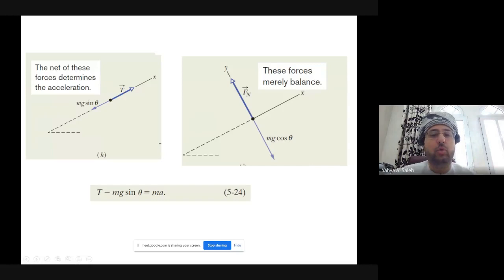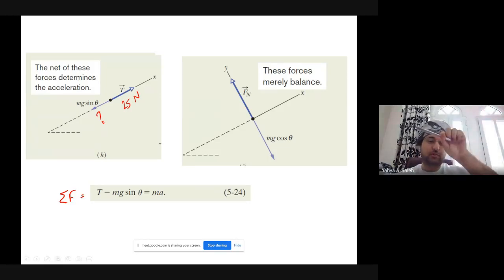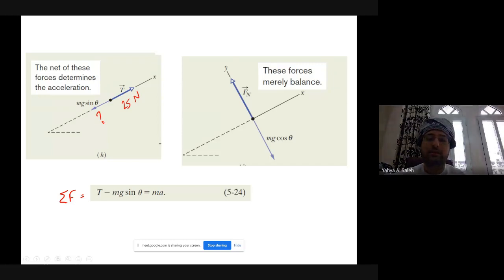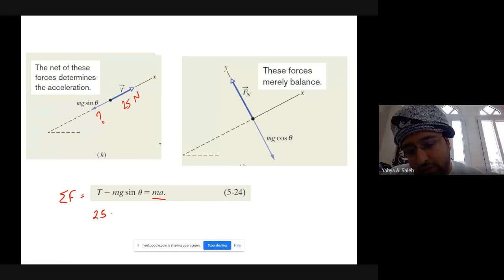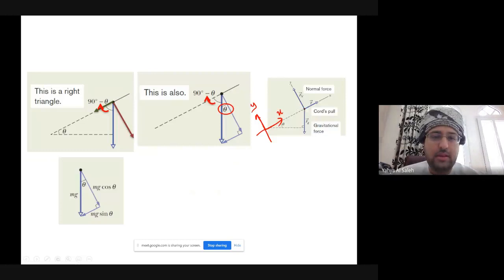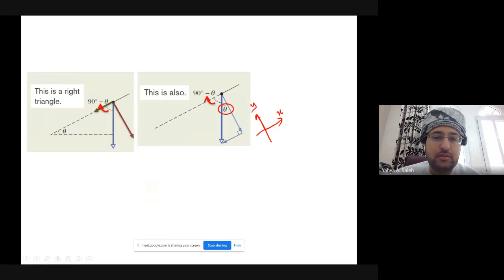In the x-axis, though, we have tension going up, 25 newtons, and we have mg sine theta going down. So the sum of my forces is equal to tension minus mg sine theta, which is equal to ma. Now all I need to do is 25 minus, what was the mass? 5 kilograms, 30 degrees.